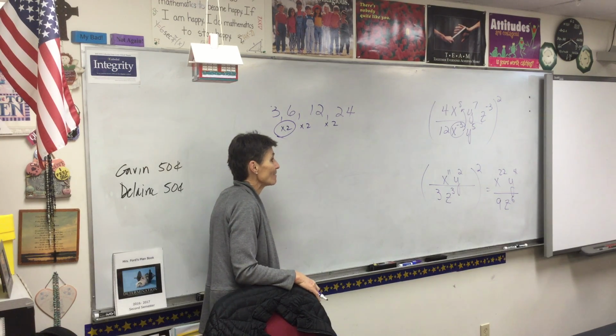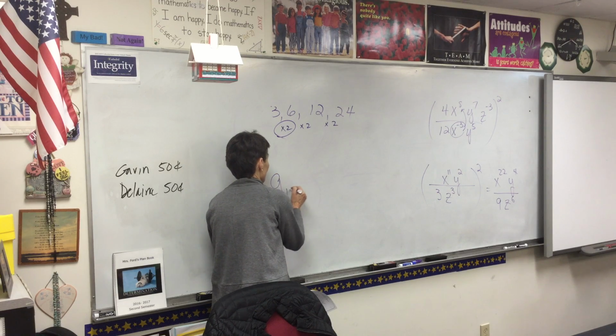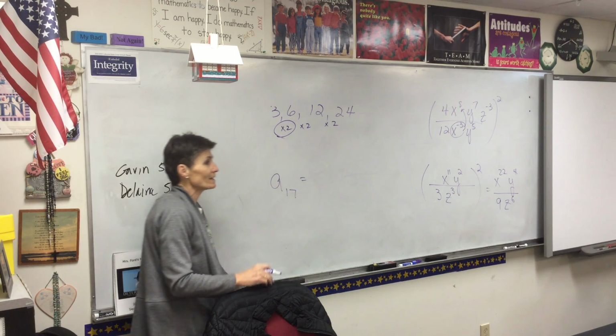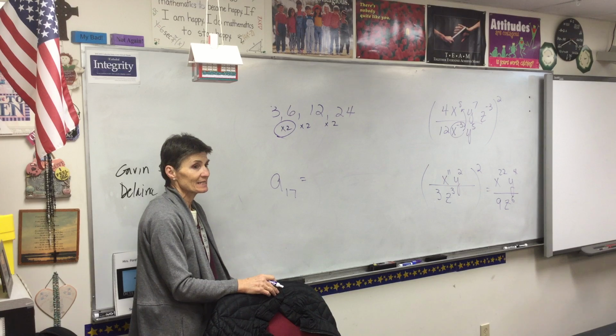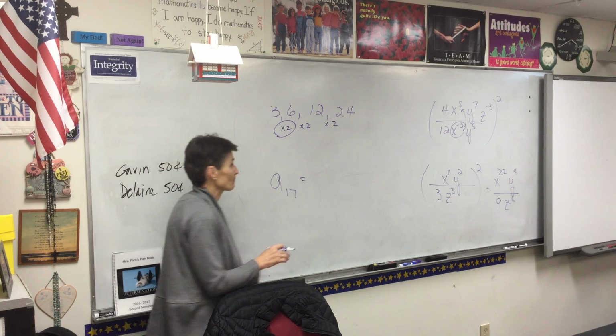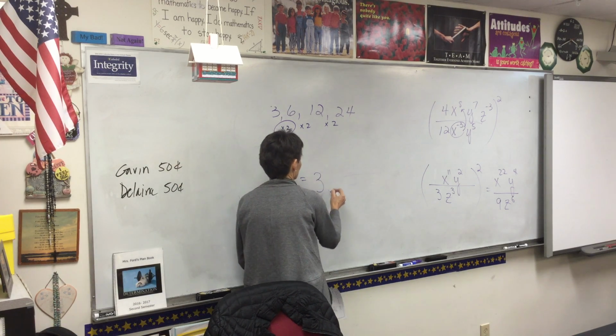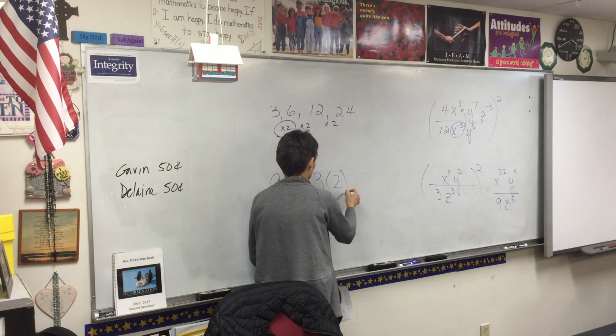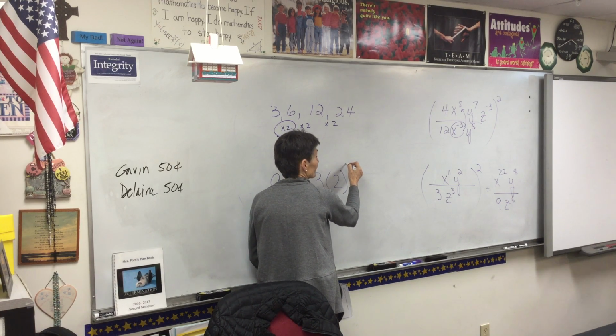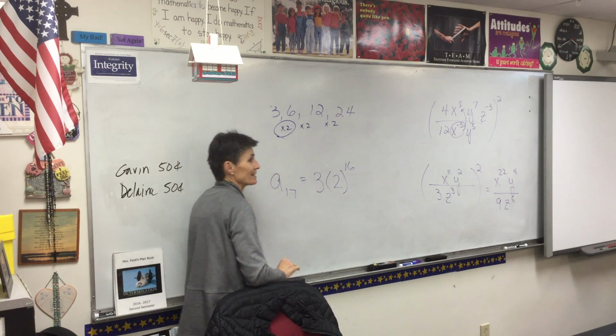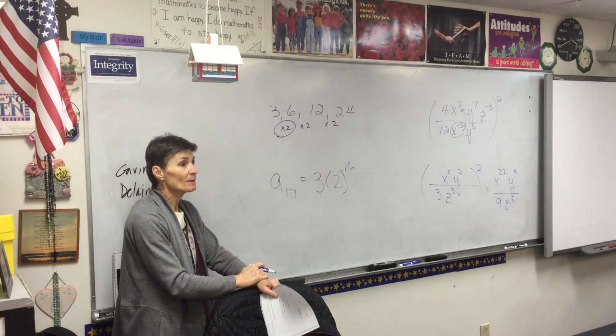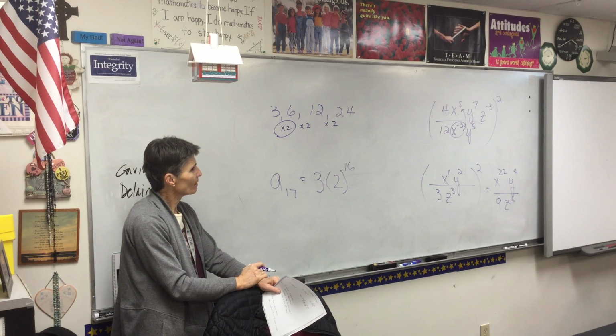What is the 17th term? So in other words, what is A sub 17? Izzy? The first term, so 3 times the common ratio 2, and then n minus 1, so 16. Beautiful. She is exactly right. Does everybody remember that from yesterday or whatever day that was?